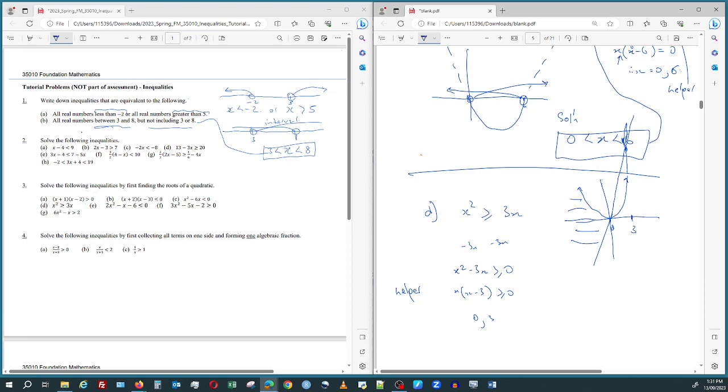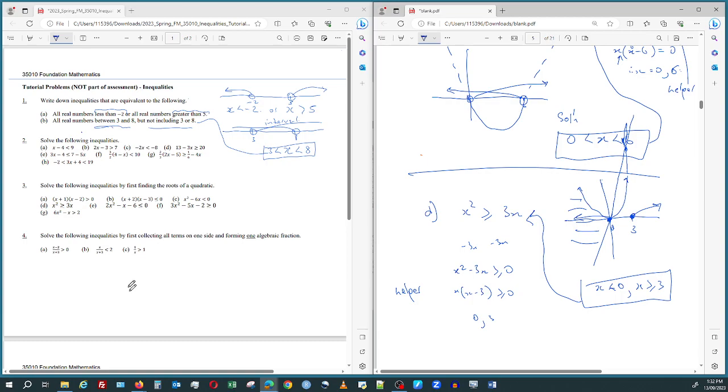When is it equal to? So when x is greater than, we colour that in and off we go in that direction. And we colour that in and off we go. So the solution is x is less than or equal to 0 or x is greater than or equal to 3. So that's the solution to our inequation.